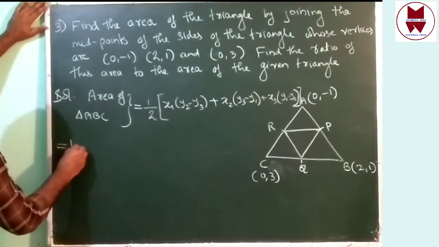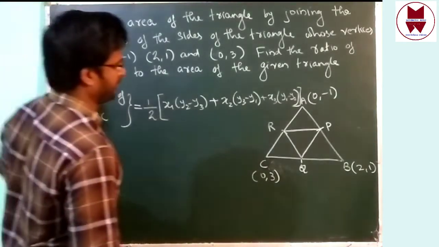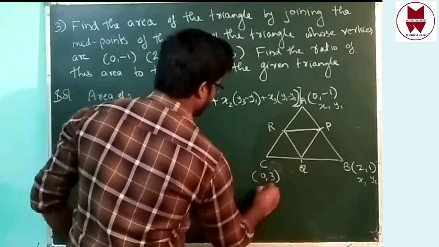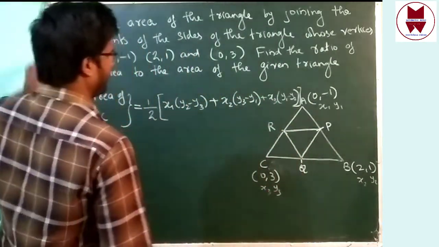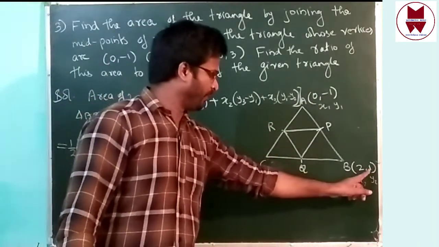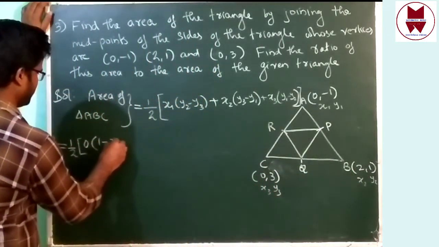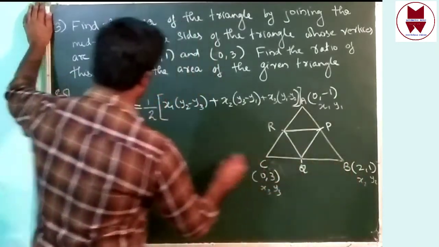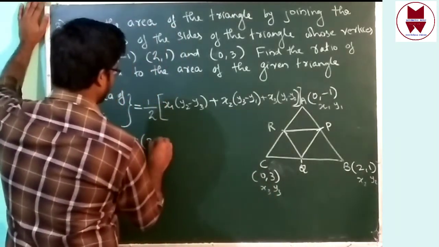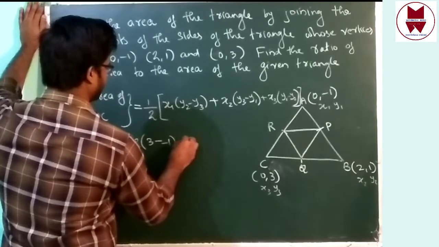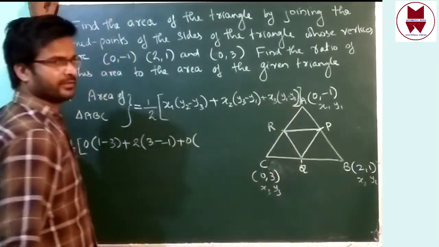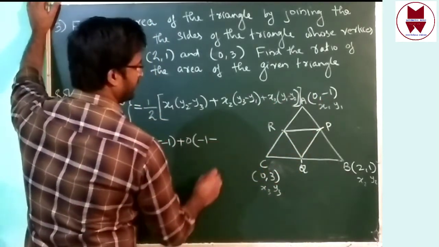This is x1 y1, this is x2 y2, next point is x3 y3. x1 is 0, times y2 minus y3, that is 1 minus 3, plus x2 is 2, times y3 minus y1, y3 is 3 minus y1 is minus 1, plus x3 is 0, times y1 minus y2, y1 is minus 1 minus y2 is 1.